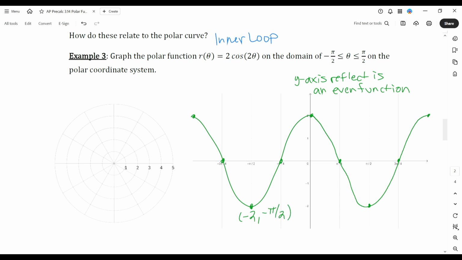Let's graph that point first. Yes, it does split; it is a little bit different that way. So negative 2, negative pi over 2. I'm going to go out to 2. Negative pi over 2 would be down here, but then now I reflect across.